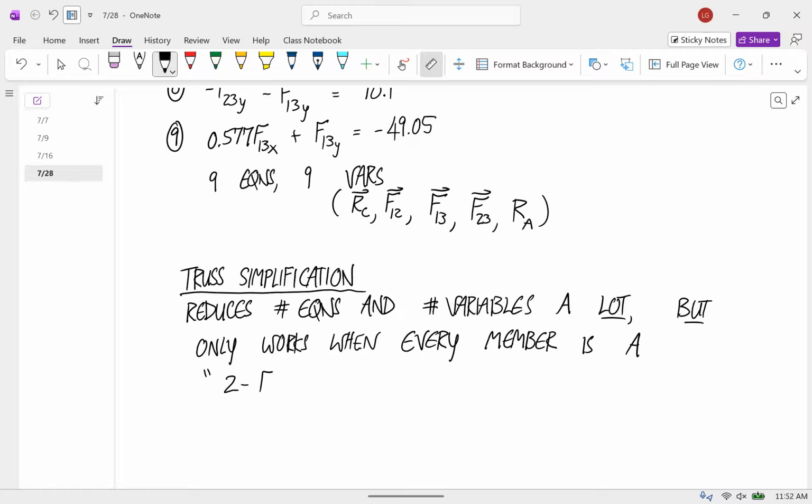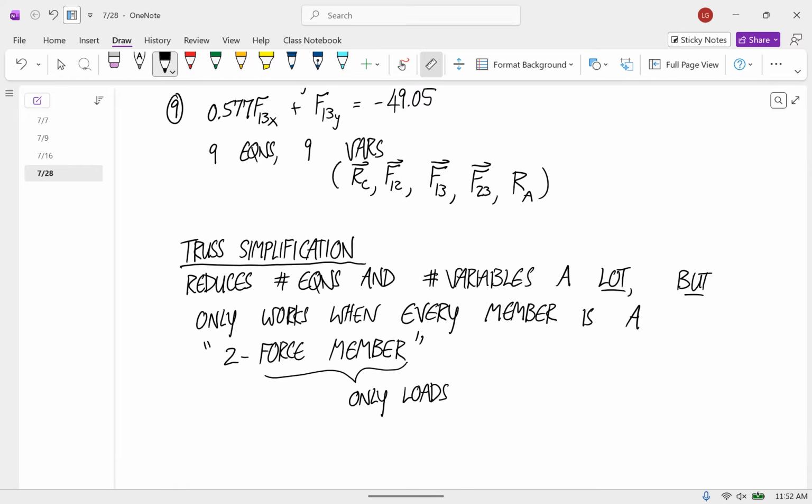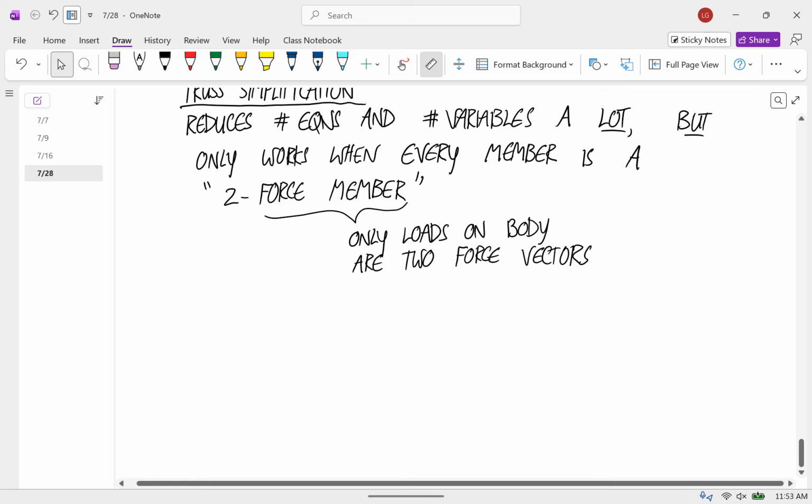So a 2-force member means the only loads on a body are 2 force vectors. Okay, so what's special about 2-force members or 2-force bodies?